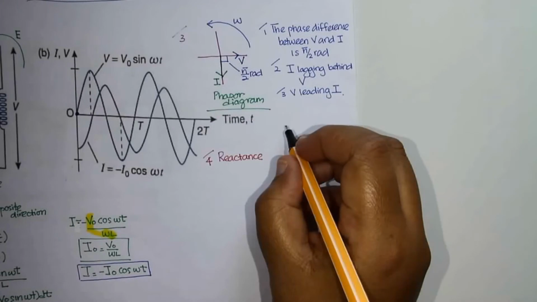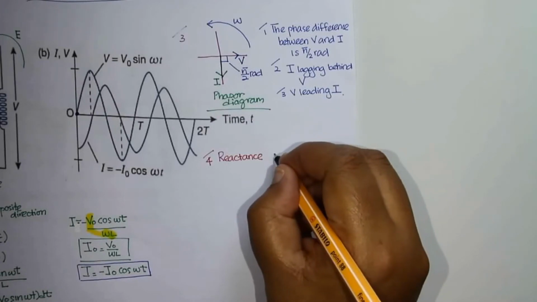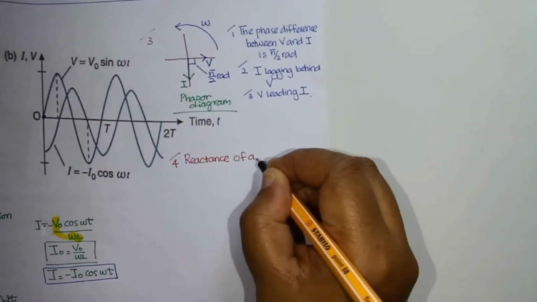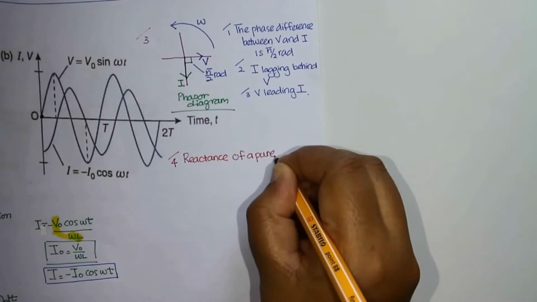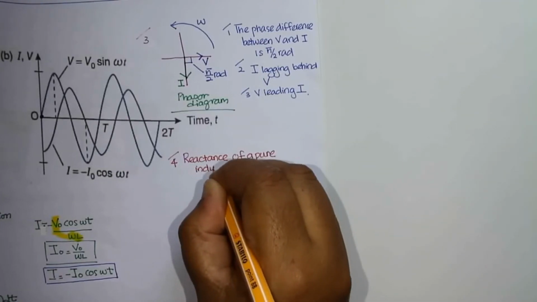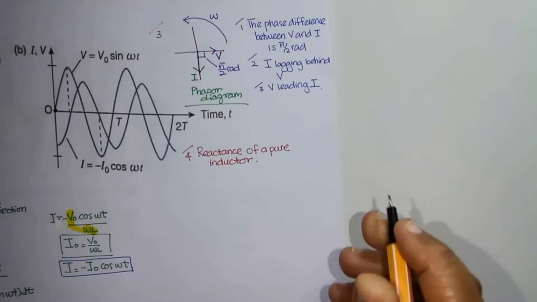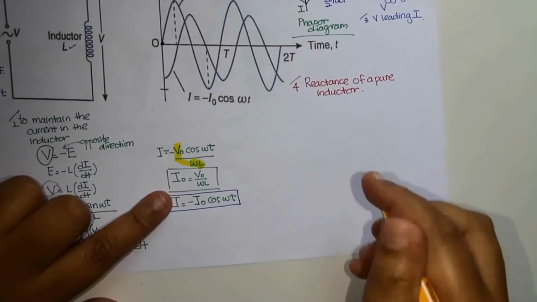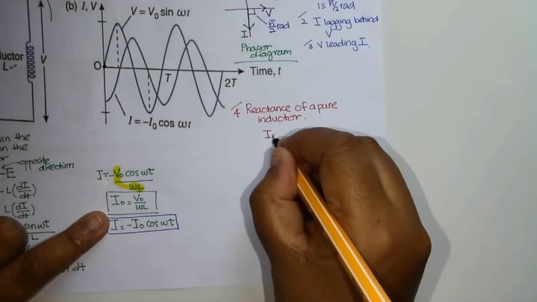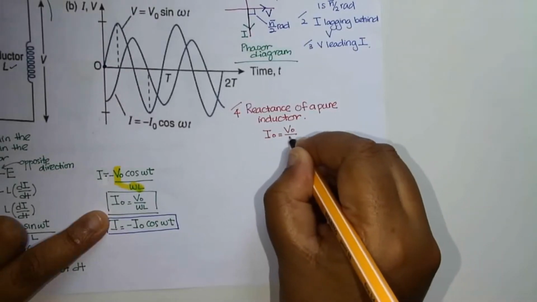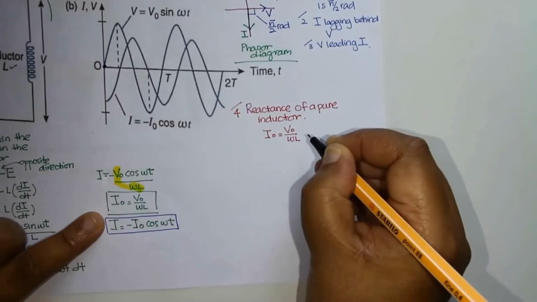Now we see from here I naught is equal to V naught over omega L, correct?